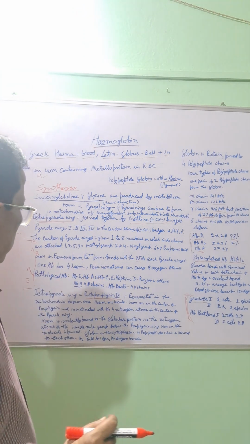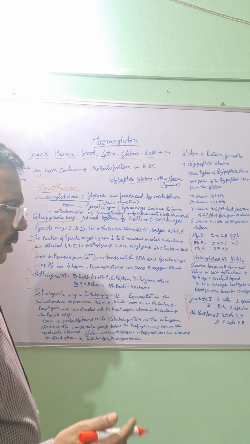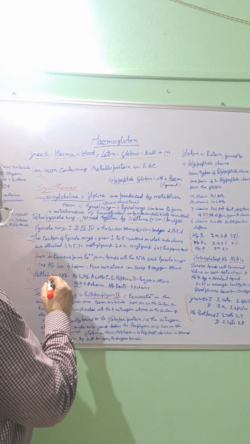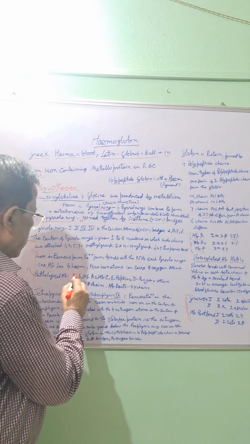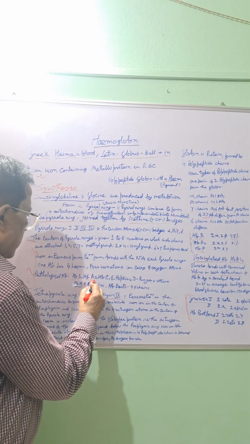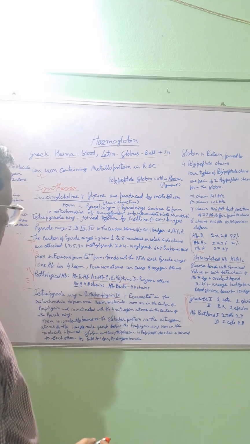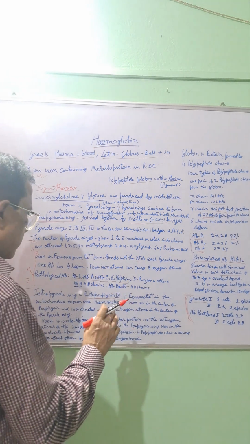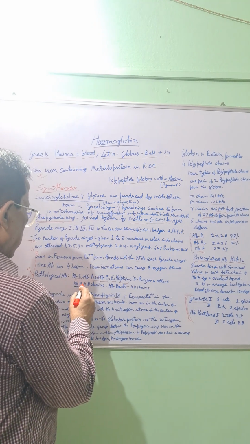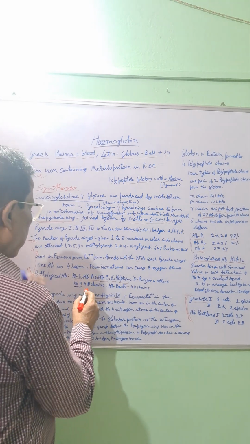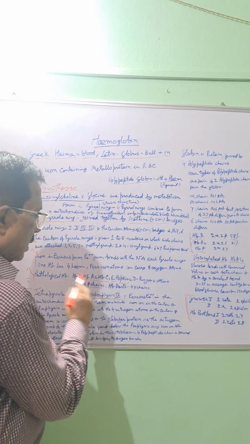What are the pathological hemoglobins? There are many, but important ones are hemoglobin S, AS, hemoglobin C, E, Hopkins-2, D, and others. HbS is present in sickle cell disease. Hemoglobin H contains 4 beta chains and no alpha chain.